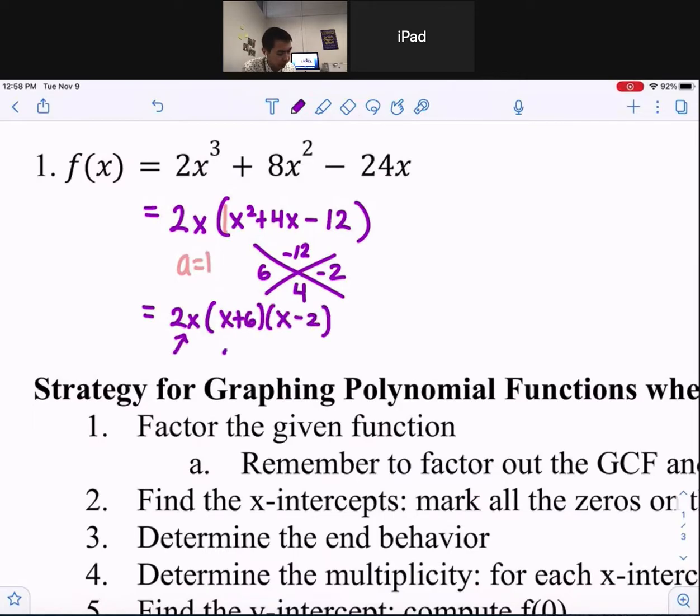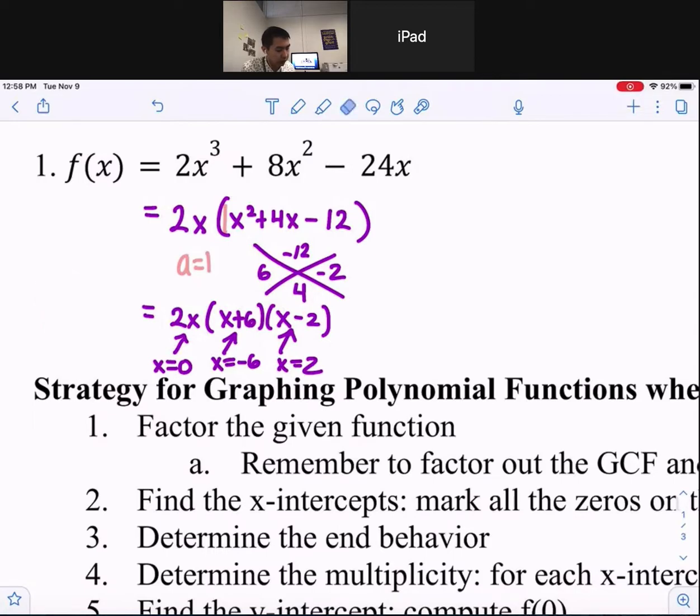And then if you take a look at this, you can figure out what your zeros are from this. So a zero is, if you plug it in, is that specific factor going to be 0? So for this one, x equals 0. This one, x equals negative 6. This one, x equals 2. And that's true because if you plug in 0 into that x, isn't 2 times 0 0?